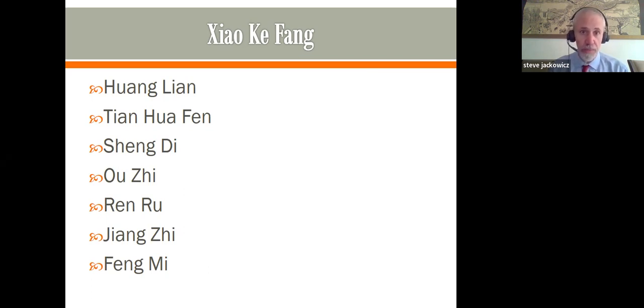You also have Sheng Di, which of course nourishes the blood and the yin, strengthens the lower burner. You have E Jiao, again helping in terms of the digestion and the yin. You have Zhang Zhi. I'm jumping over the Ren Ru for a minute. Zhang Zhi and Feng Mi, addressing kidney, and Feng Mi, addressing spleen. But Ren Ru, this one is very interesting because this is, as I mentioned, mother's milk.